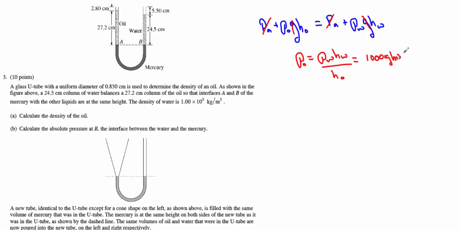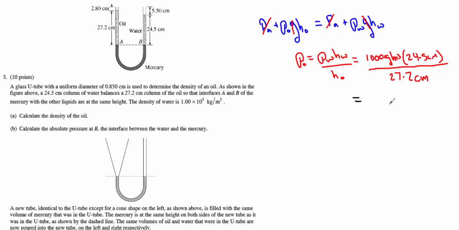It's per cubic meter. And then we've got the height of the water, which is 24.5 centimeters. And we can actually leave it in centimeters because I'm going to be dividing by centimeters, and those centimeters will cancel each other. The height of the oil is 27.2 centimeters. And so the centimeters cancel each other out, like I already said.